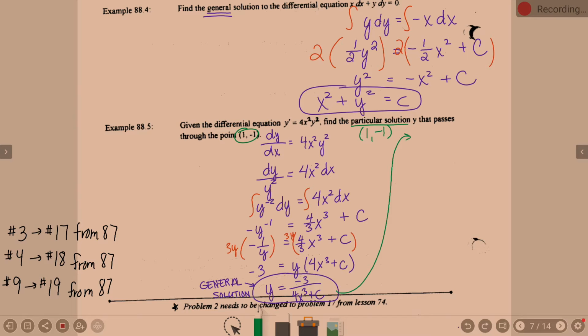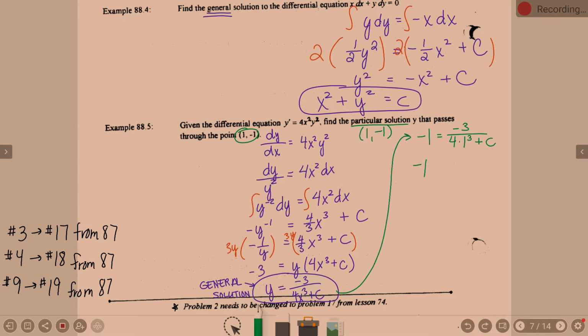So, fill in. y is going to be -1 equals -3 over 4 times 1 cubed plus c.